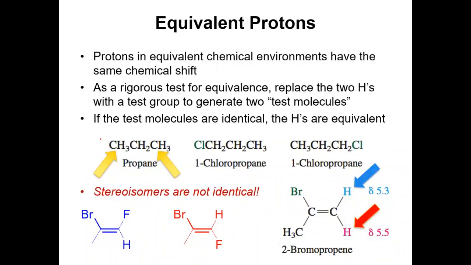If you replace one of these other hydrogens with chlorine, you get this one. Both are the same compound, both are one-chlorine compounds. That means the methyl protons are also the same. So all those 6 protons are the same, and all those 2 protons are the same. So for this compound, if you collect the proton NMR, you will only see 2 signals, because there are only 2 types of protons.